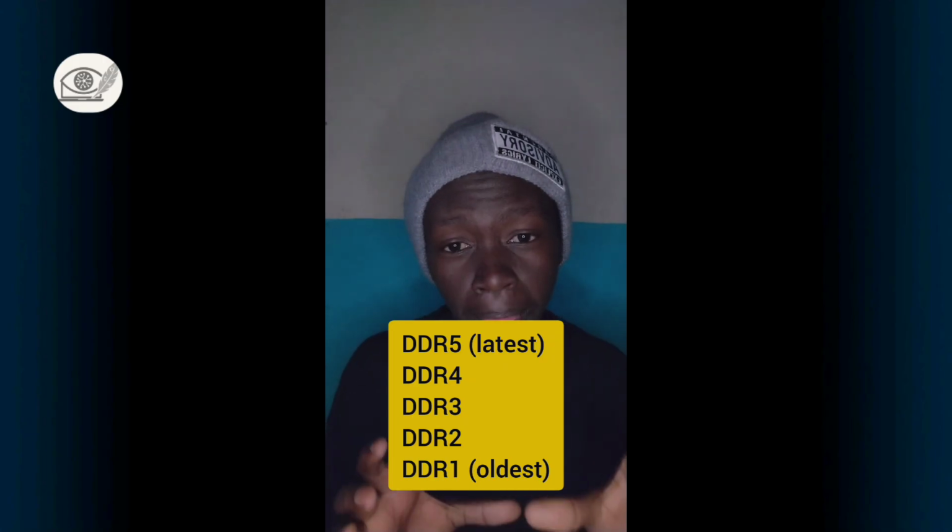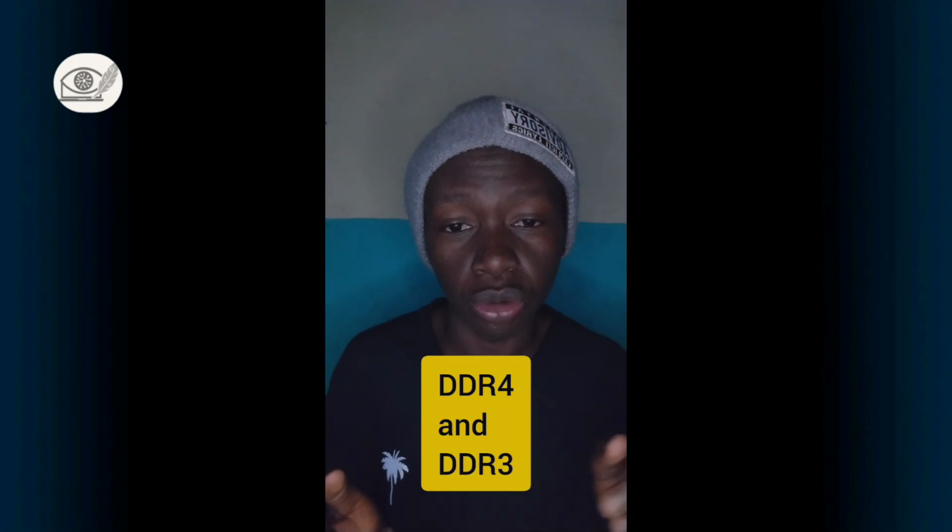Interest yetu ni kumbuka these integral components have to be in sync in terms of speed, so that we ensure that a laptop yetu itakutupea performance mzuri in terms of speed. Our eyes are set on DDR3 and DDR4, so that it matches the other hardware components, including the processor, the ROM, which you call the storage, and now the RAM. Those three are the integral components that affect the speed of our laptop.